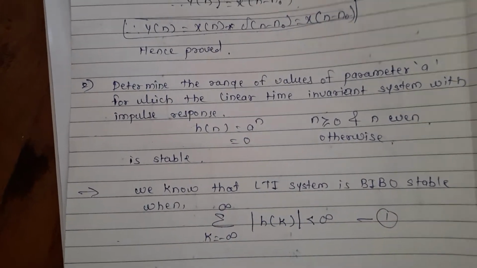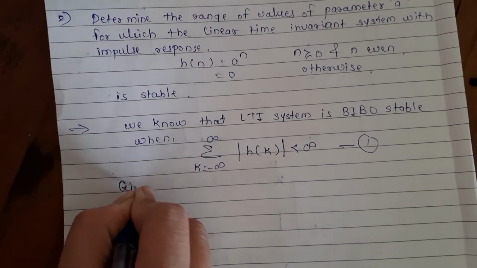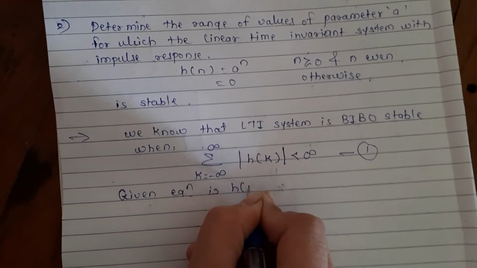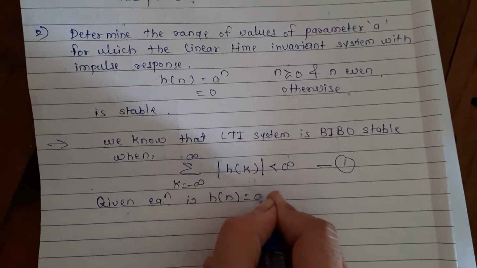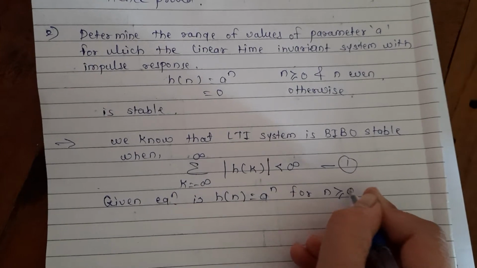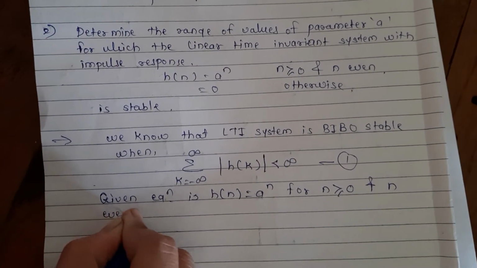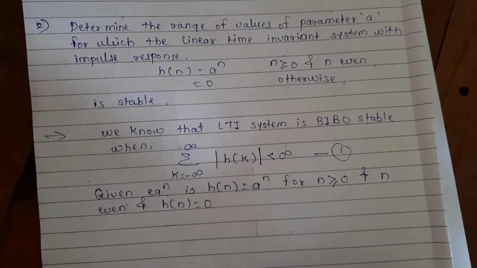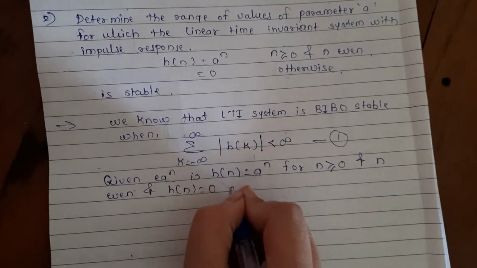This is equation 1. Now next, the given equation is h of n is equal to a raised to n for n greater than 0 and n even, and h of n is equal to 0 otherwise.